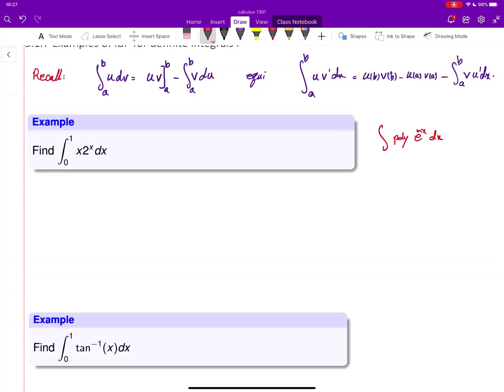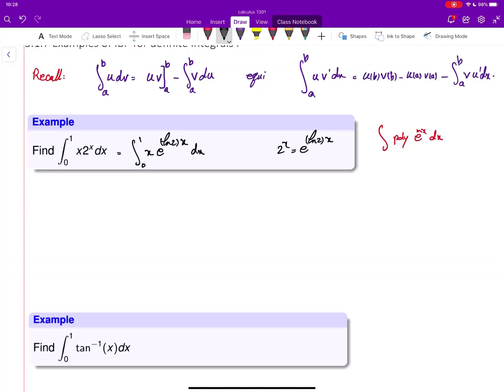You can do exactly the same thing here with this 2 to the power x, because you can rewrite this integral as 0 to 1 of x times 2 to the power x, and 2 to the power x is the same thing as e to the power of ln 2, a constant, times x. So you have again a polynomial times e to the power mx, and you can do the same thing.